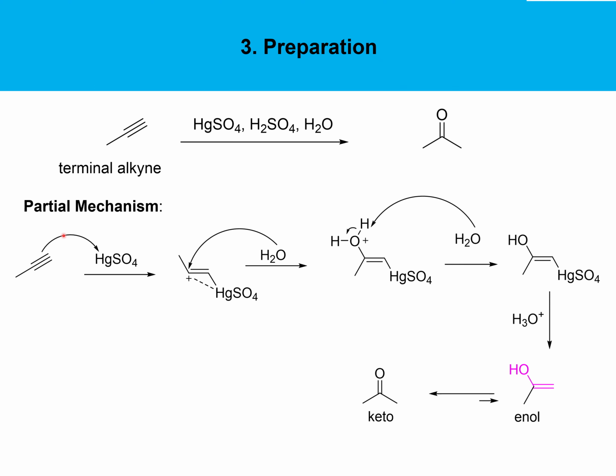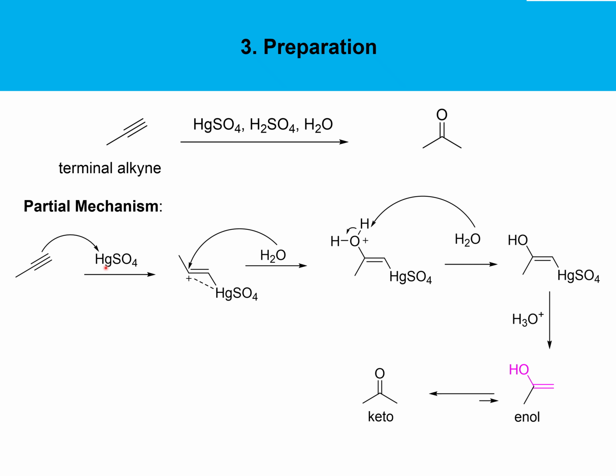Here's a look at the mechanism for this reaction, covering at least the most important parts of the mechanism. The reaction starts by the nucleophilic alkyne attacking the mercury. So the alkyne has pi electrons, so it's a good nucleophile. Mercury is going to have a partial positive charge since it's bound to sulfates.